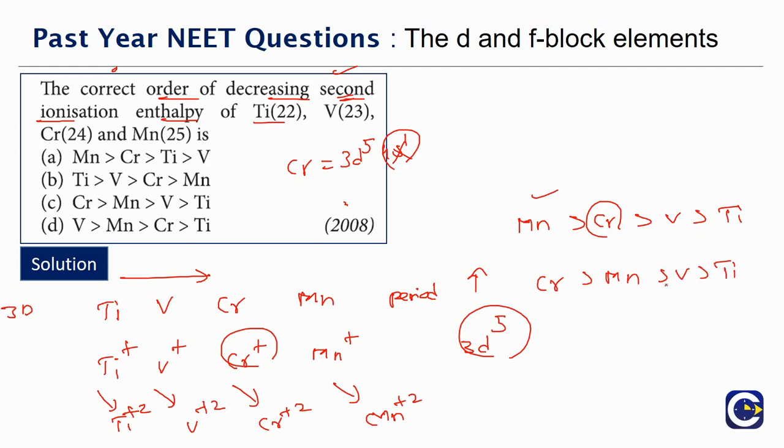So the correct answer for this is option C. Generally when we move from left to right, it is going to increase, but in the case of chromium, particularly for the second ionization enthalpy, we are moving out of the 3d5 structure to remove that electron, which requires more energy. So the correct answer is option C.